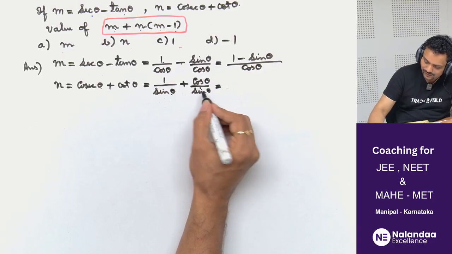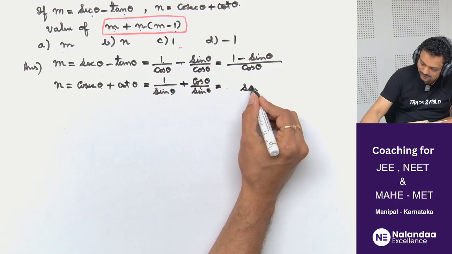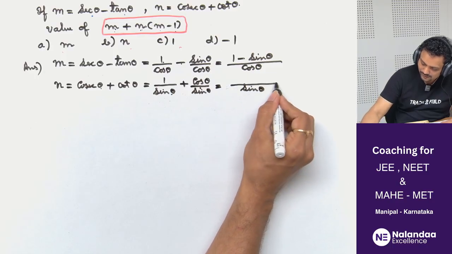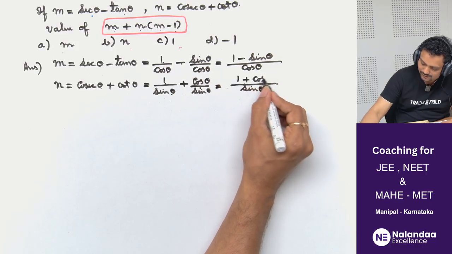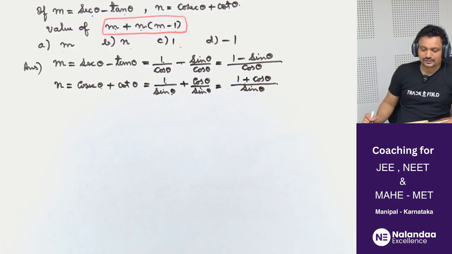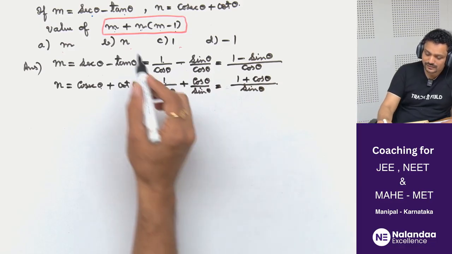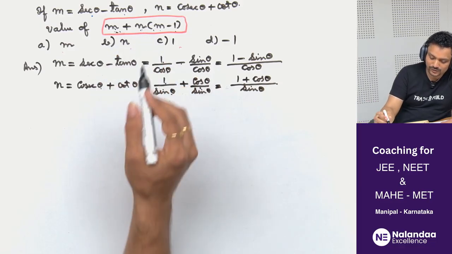And the same way, the denominator becomes common. So this is sin theta, and the numerator can be added, so this is 1 plus cos theta.